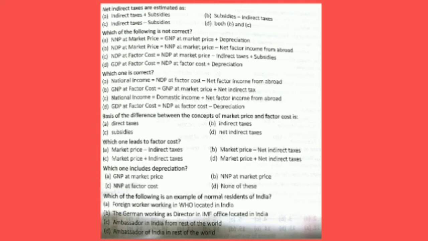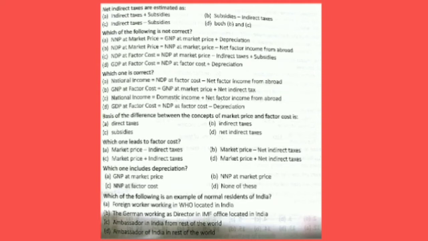That is also wrong; minus NIT it will become. Then option C, national income is equal to domestic income plus NFIA. That is the right one. Then the last option, GDP FC is equal to NDP FC minus depreciation. That is also wrong; NDP FC plus depreciation is the right one.